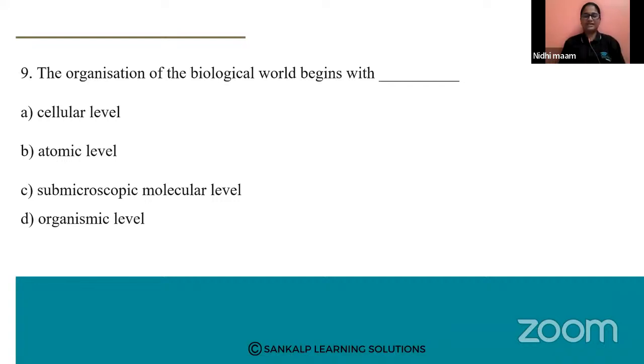Most of you answered it. We got varied kinds of options for this, that is A, D, C. Right? Okay. Let us check. The organization of the biological world begins with option C, that is the submicroscopic molecular level. Most of you voted for option A, cellular level, but we will go to the submicroscopic molecular level. Option C is the right answer.